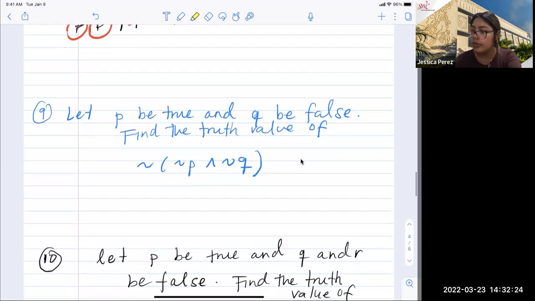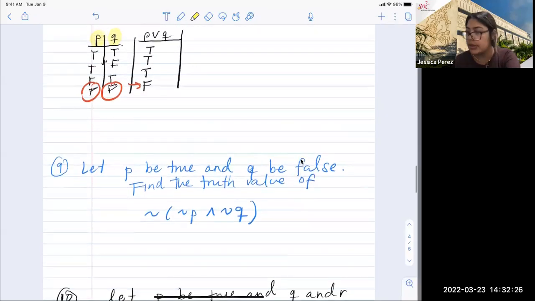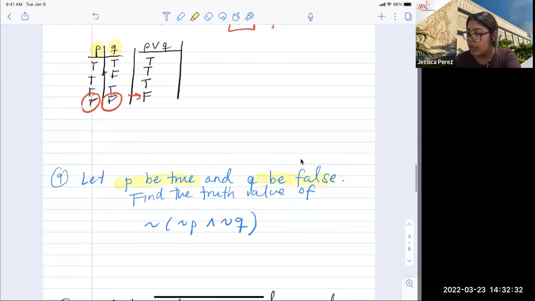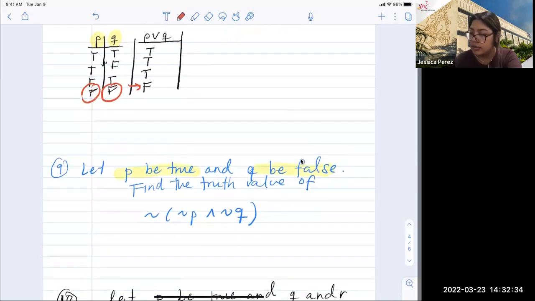Going down, we're still going to use the same truth table as above. Let P be now true and Q be false. So we first need to stay with the negation on the outside. So we're negating P. So P is no longer true, so that would be false. And Q would be false, but we also have a negation with the little squiggly, so this would be true.